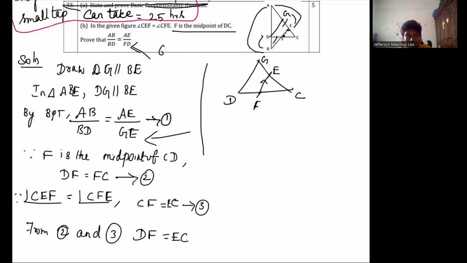A line drawn through the midpoint of one side of a triangle, parallel to another side, bisects the third side. That is the converse of the midpoint theorem. In the inner triangle DGC, F is the midpoint.